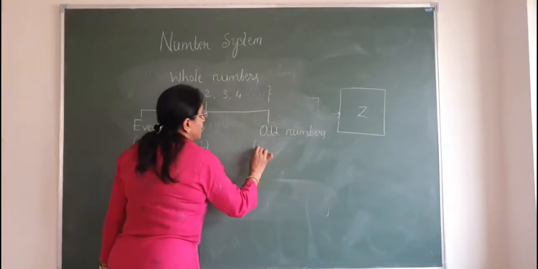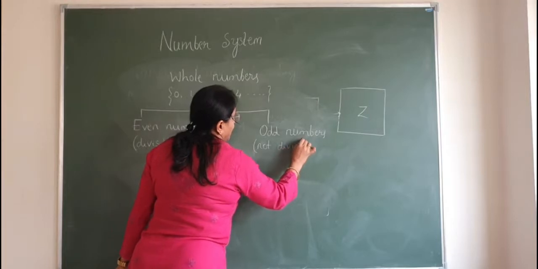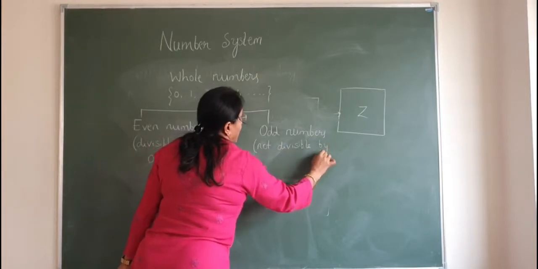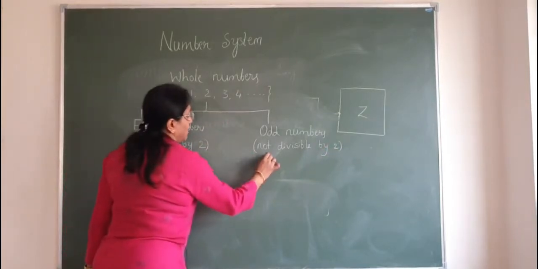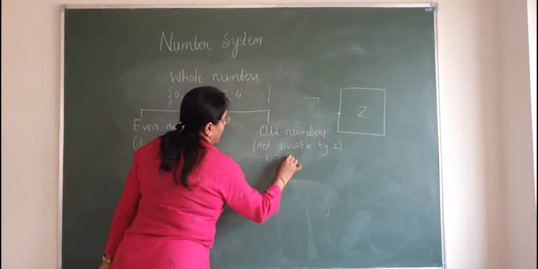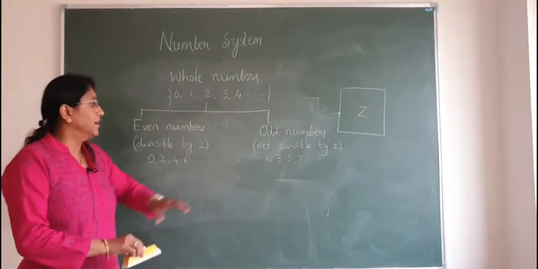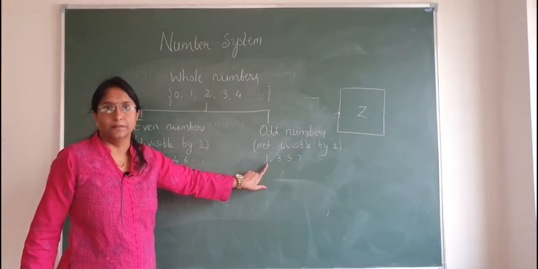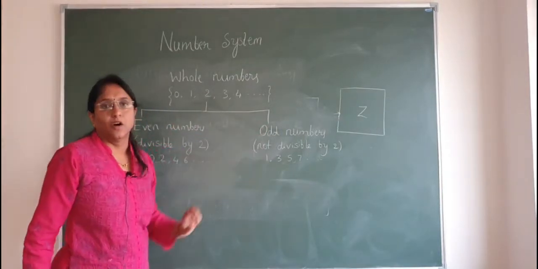Numbers which are not divisible by 2 are called odd numbers. Examples: 1, 3, 5, 7 and so on. The smallest odd number is 1.